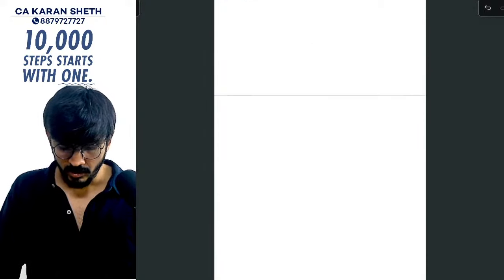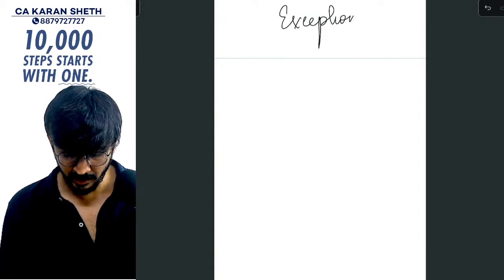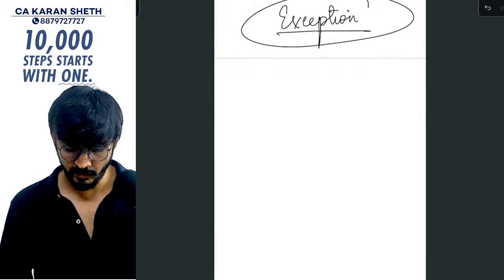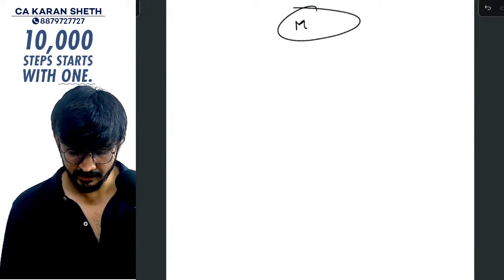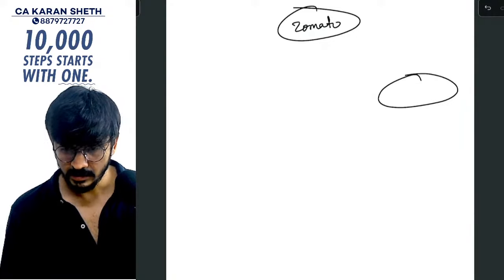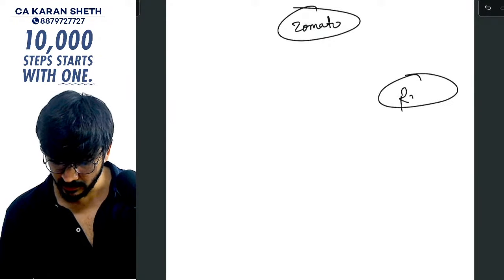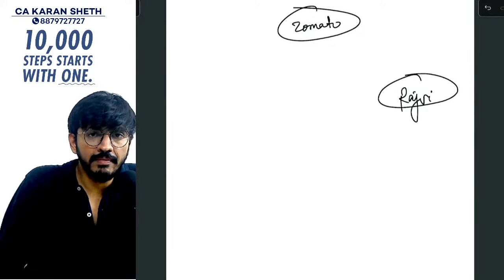Now, there is one exception in this. Remember that. So, for example, there is Zomato, and there is, let's say, Rajvi. Rajvi has a very bad habit of eating in the midnight.